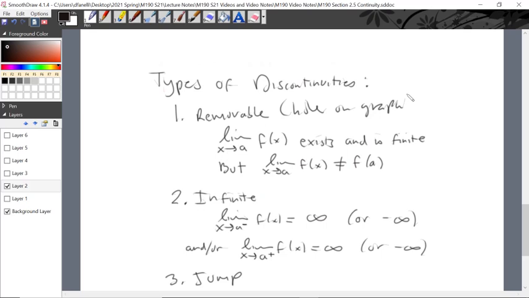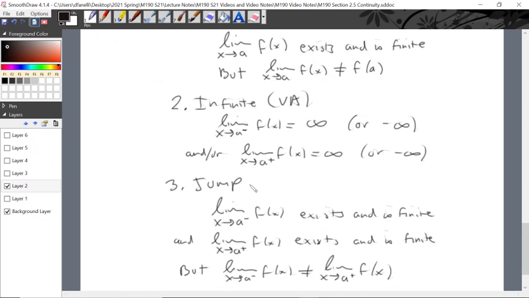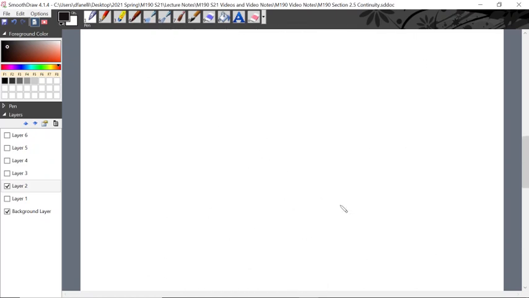The infinite discontinuity is a vertical asymptote on the graph. And these jump discontinuities, it's a finite jump that we're talking about. It could be included at the endpoint or not, in order for us to have a jump discontinuity.